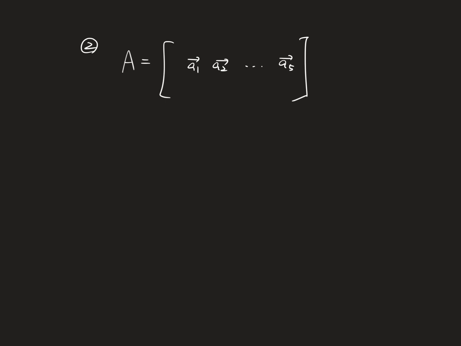But there is the other way. The other way is you put the columns as they are, just write column by column, and then you apply Gaussian elimination. But as I said, if you apply Gaussian elimination, the column space of a matrix will be changed.